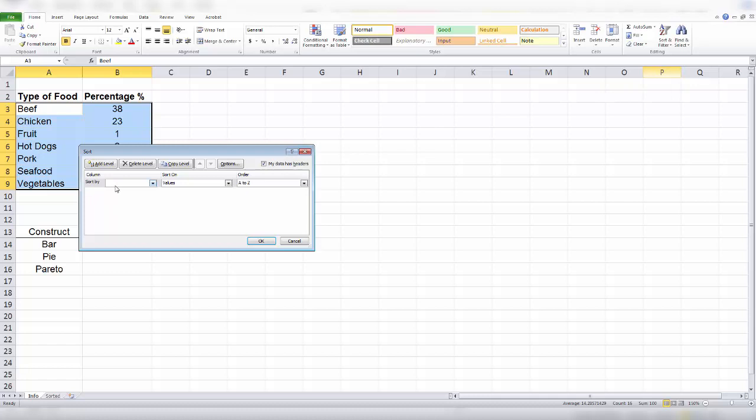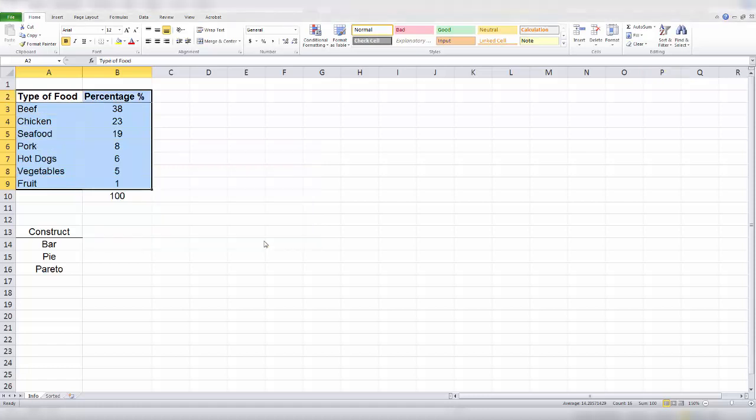So sort by column, and then we're going to say percentage. That's what we want to sort by. Not the categories, but the percentage. We're sorting by the values. And because it's a Pareto chart, we want largest to smallest, descending order. Okay? And there, our data was sorted.